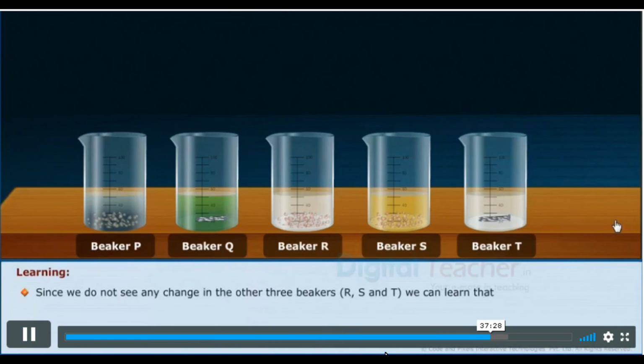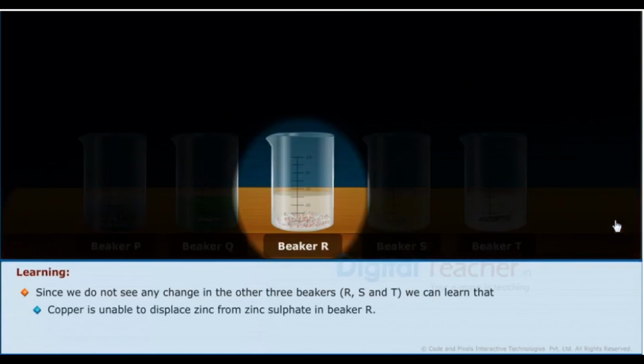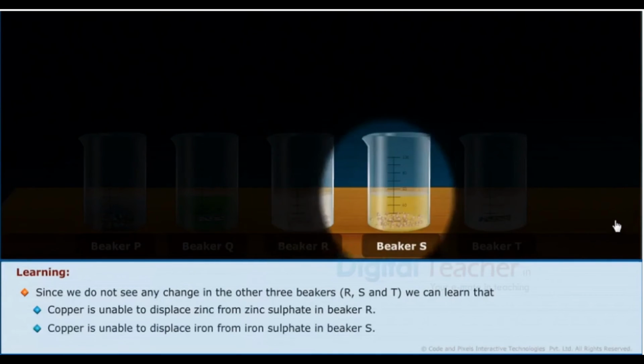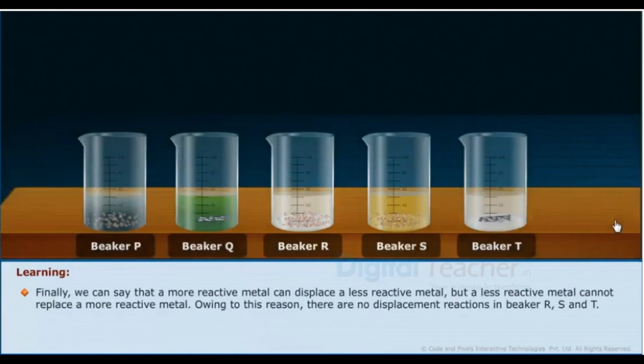Since we do not see any change in the other three beakers R, S and T, we learn that copper is unable to displace zinc from zinc sulfate in beaker R. Copper is unable to displace iron from iron sulfate in beaker S. Iron is unable to displace zinc from zinc sulfate in beaker T. Finally, we can say that a more reactive metal can displace a less reactive metal, but a less reactive metal cannot replace a more reactive metal.